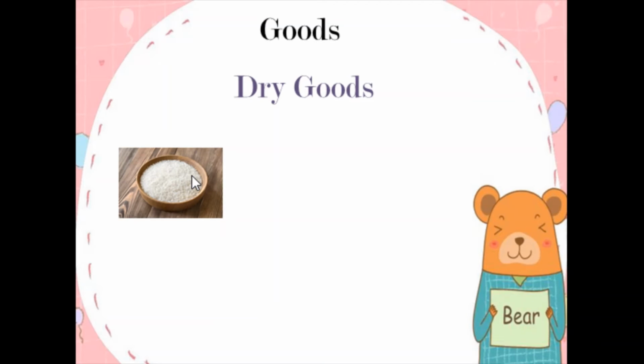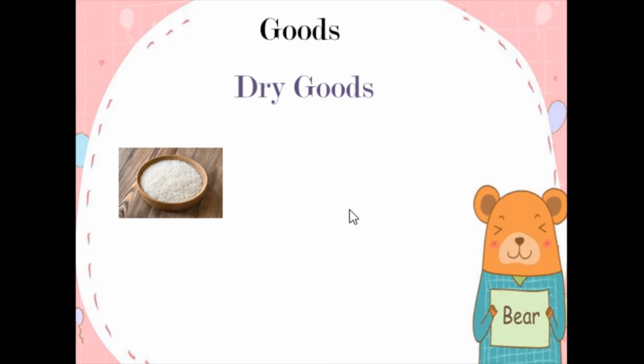These are rice grains, or this is uncooked rice. Uncooked rice is an example of a dry good because we can feel and touch it with our bare hands. Okay, that's the first example.